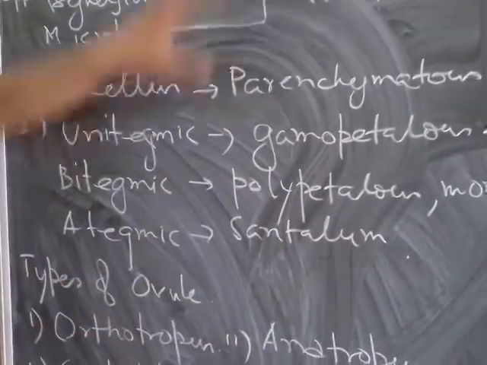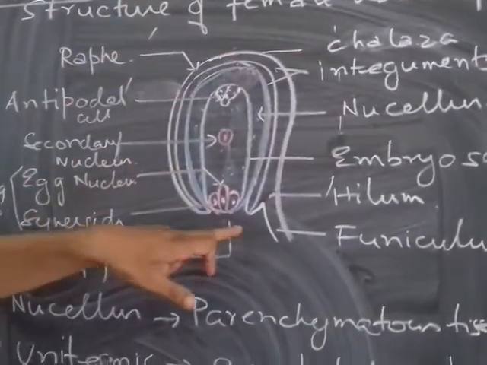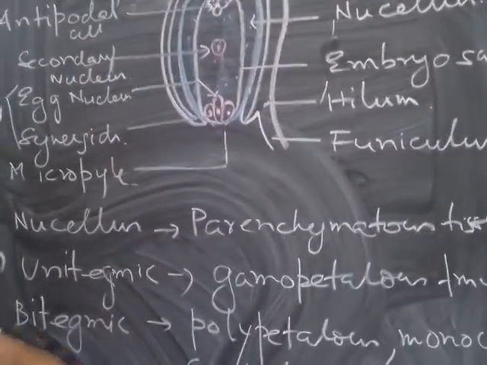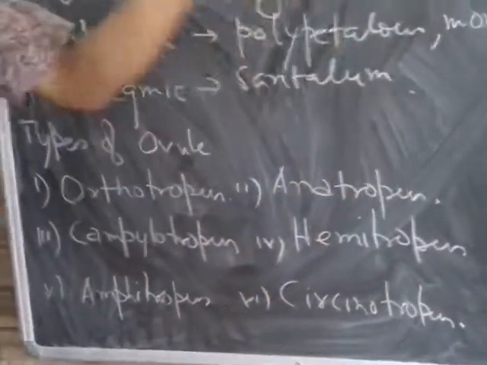On the basis of the position of the chalaza, the micropyle and the funiculus, ovules are categorized into different types, which we are going to study along with the diagrams in the next class.